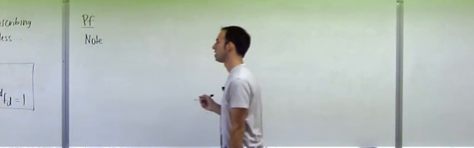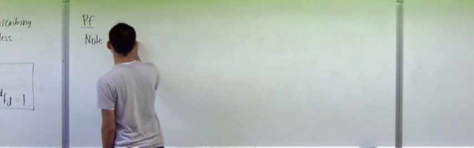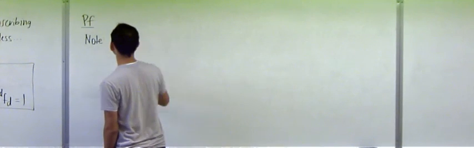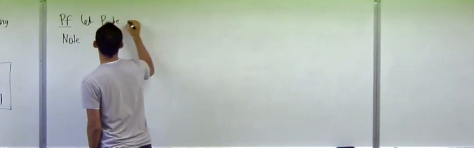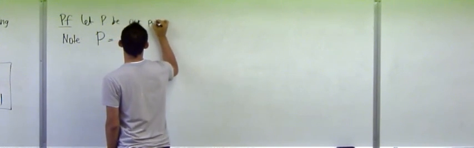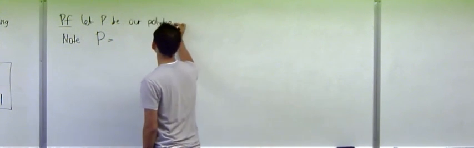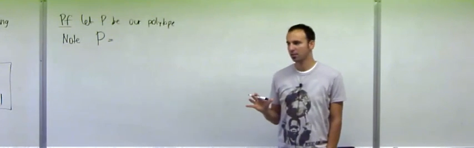So one thing that we know is that, let P be our polytope. So one thing we know is that either, let me draw a picture for what I'm about to say.